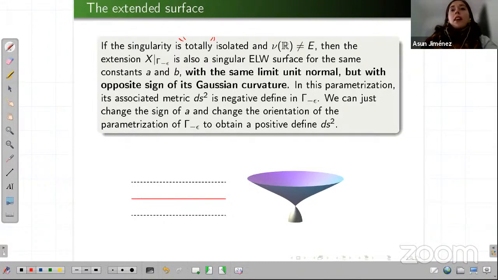You do not have curves of singularities collapsing here, for instance. If you assume that, and you assume that the limit unit normal is not the equator, that is, you don't have a cusp, then when you start with a concave surface, its extension is a convex surface, and conversely, if you have a convex surface with an isolated singularity, its extension across the singularity will be concave.